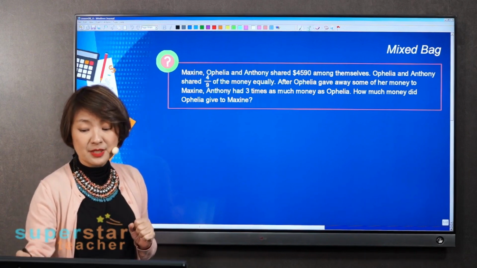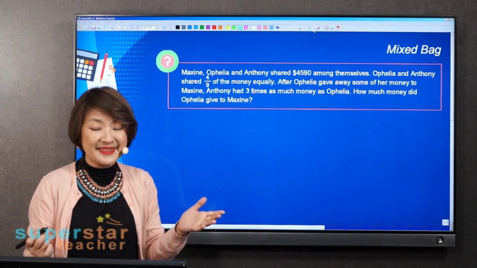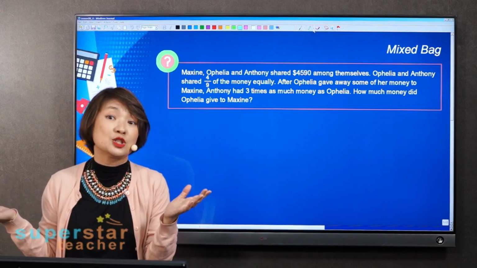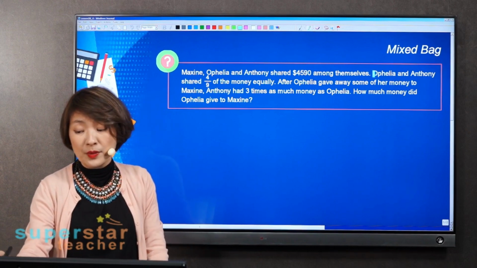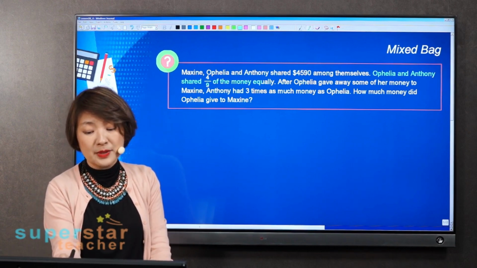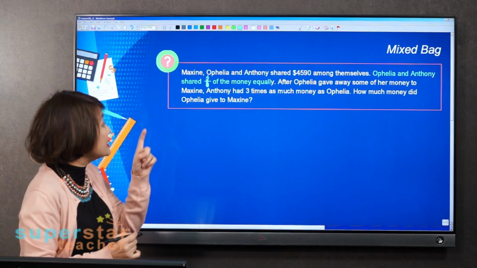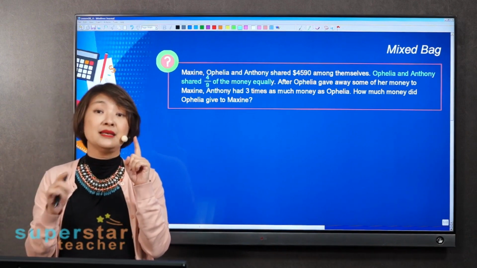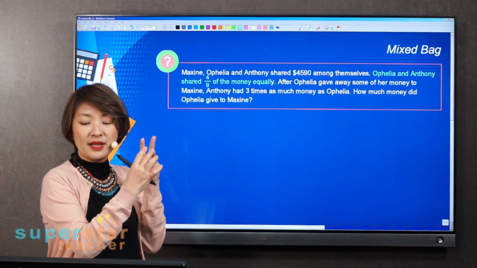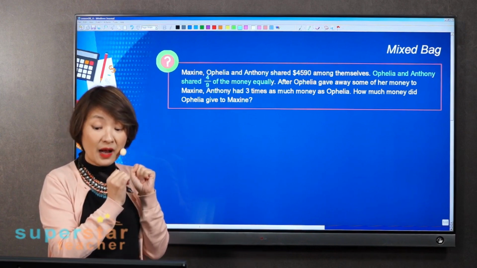Now, the first information given, of course, is 4,590, but they didn't say that it's shared equally, so I have to just leave it first. Now, I want to work with this because you can tell some things from here. Just by this one sentence, you actually can tell a ratio of the money given out to Maxine, Ophelia, and Anthony. How do you do that?